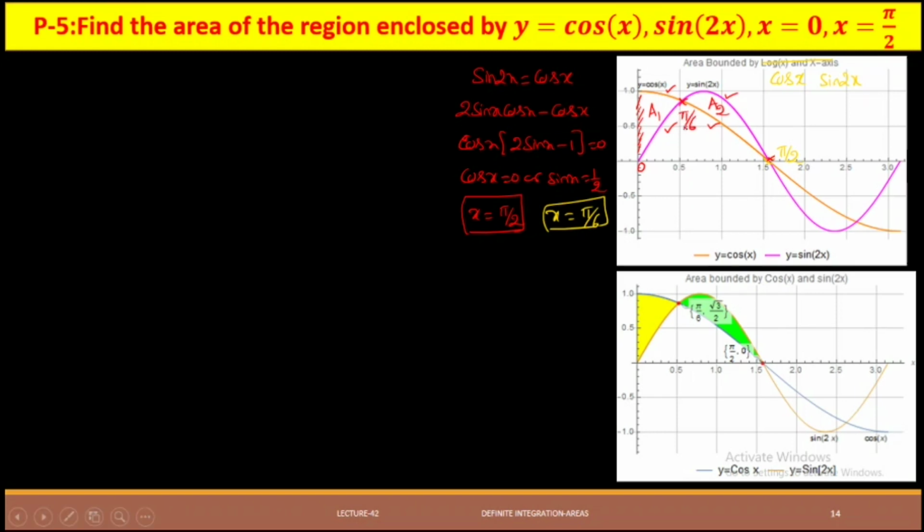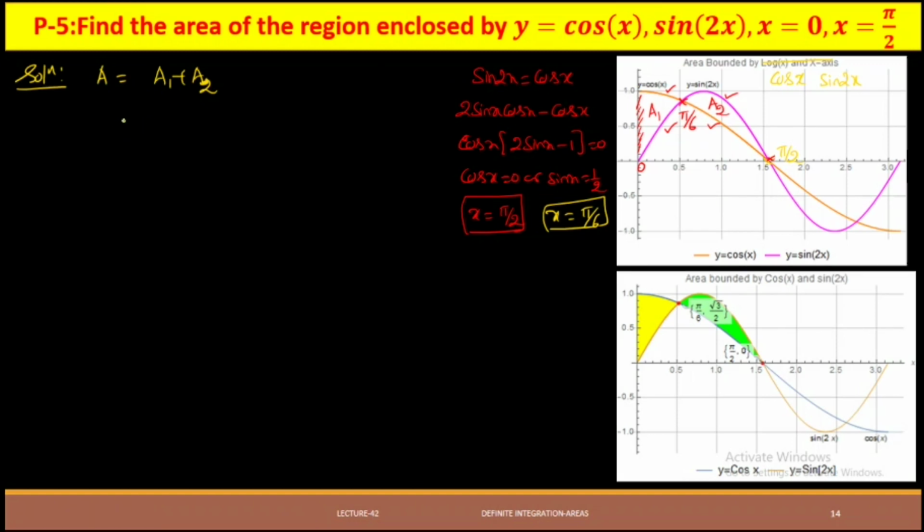Now we have to apply result 5. The required area A is equal to A1 plus A2. Area A1 is the yellow shaded region, and area A2 is the green shaded region.